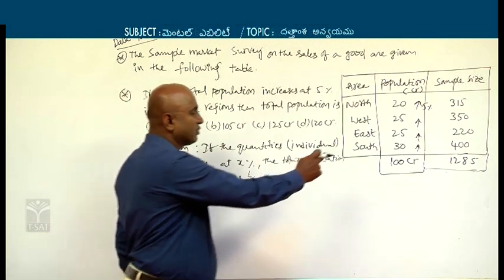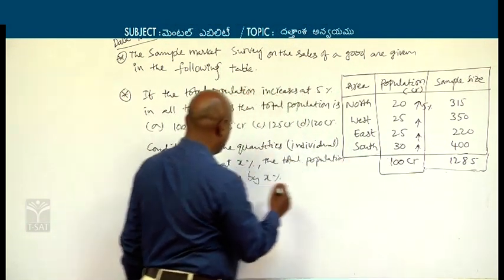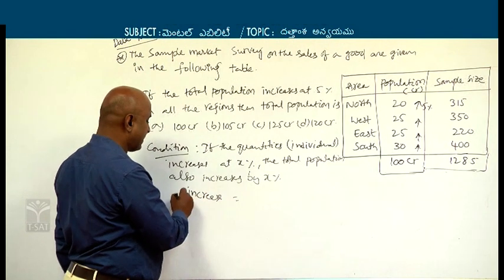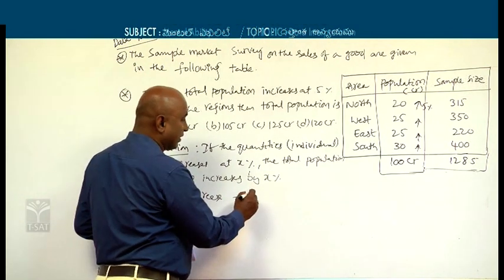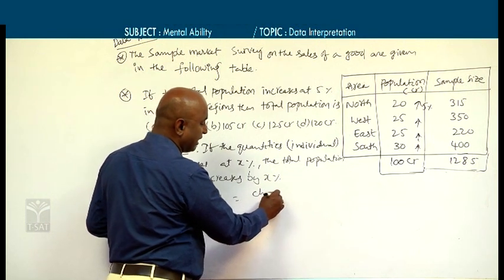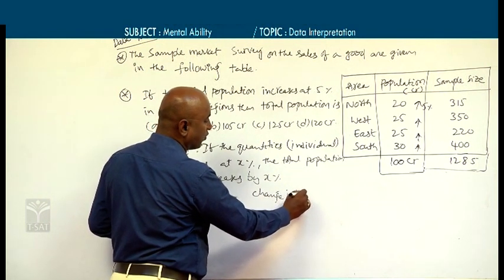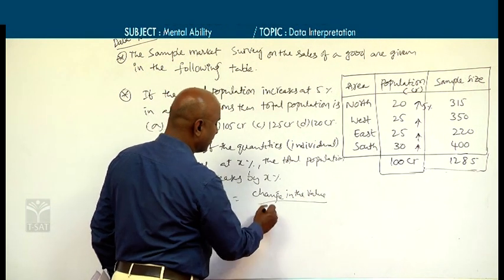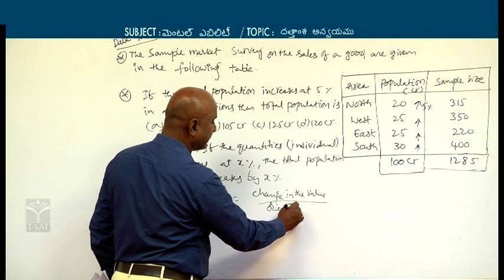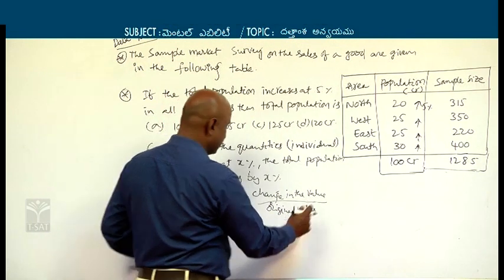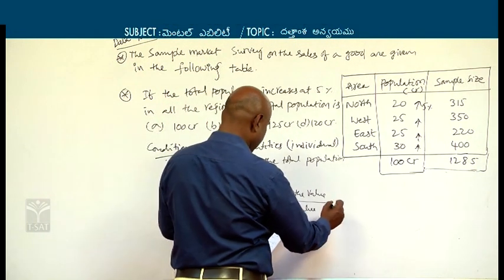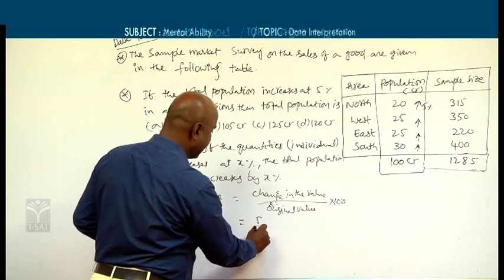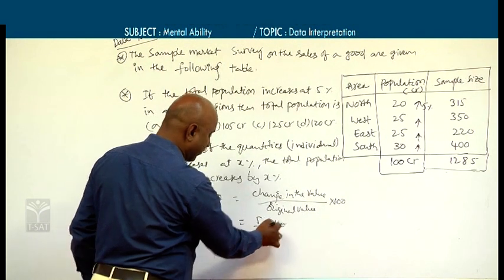So what is the total population here? 100 crores. The percent increase is equal to change in the value by original value into 100, which is 5 by 100 into 100, so 500.